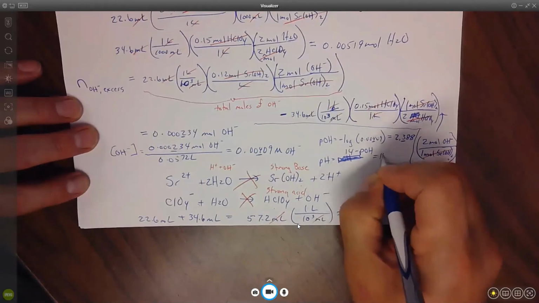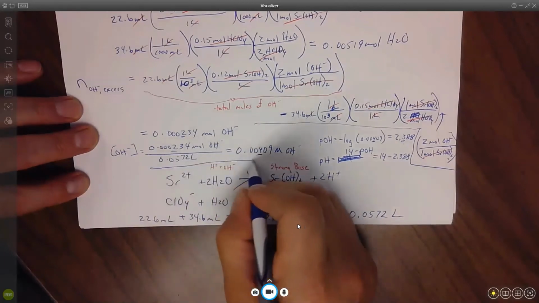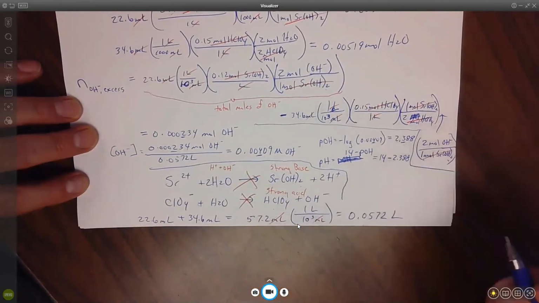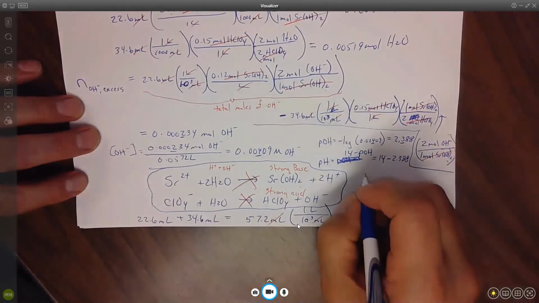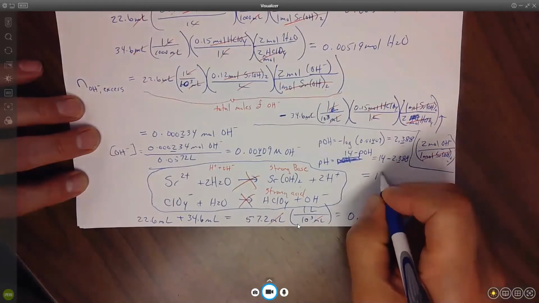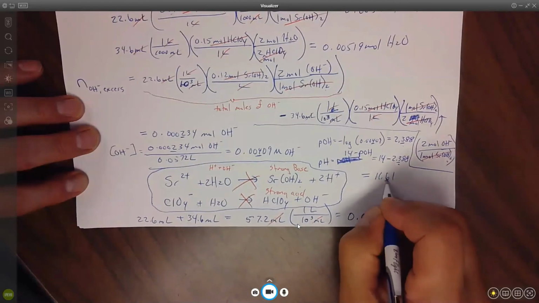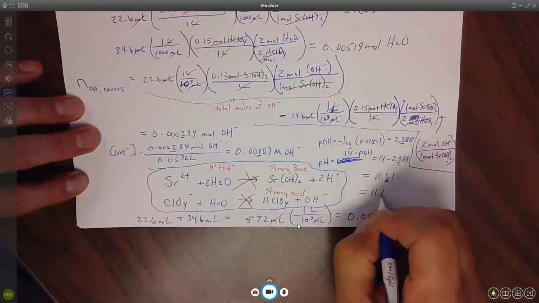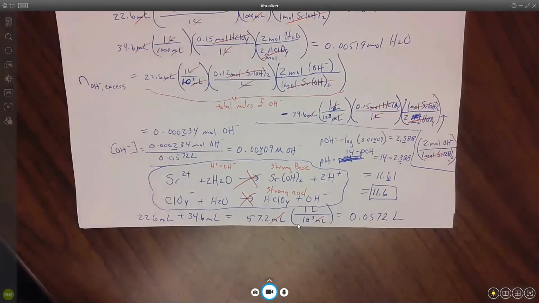So that's going to be 14 minus 2.388. Okay, and so the pH then is going to be equal to 11.61. Again, just subtracting, so one decimal place. So the pH is going to be 11.6. Any questions about that?